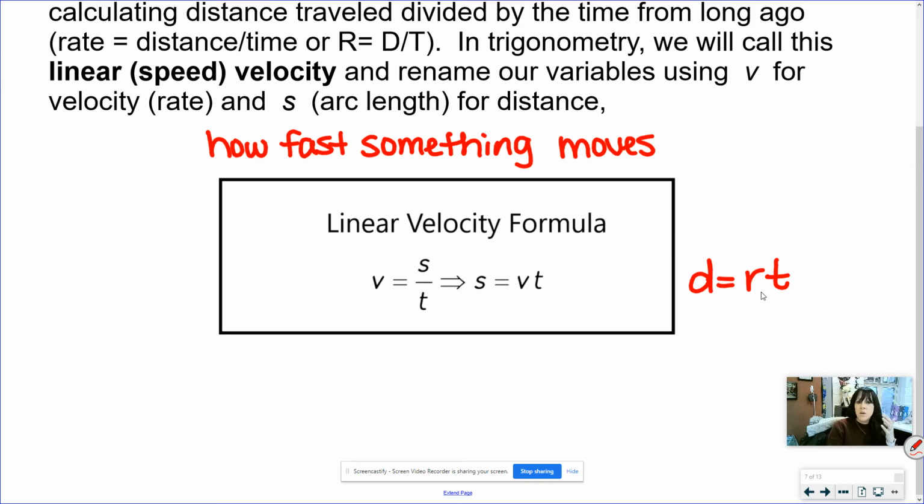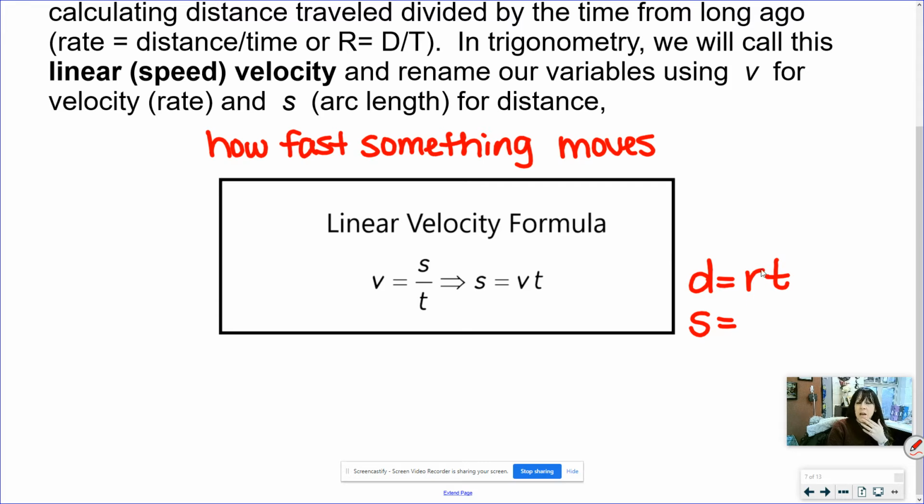Well, the linear velocity formula is essentially the same thing, except we're kind of focusing on distances that could possibly be in an arc length situation. So instead of D for distance, that could possibly be S as an arc length, but they both represent a distance measurement, so they're interchangeable.